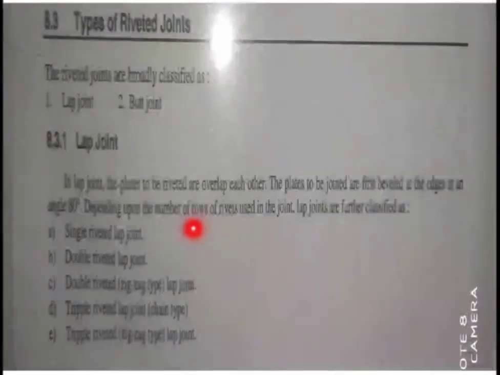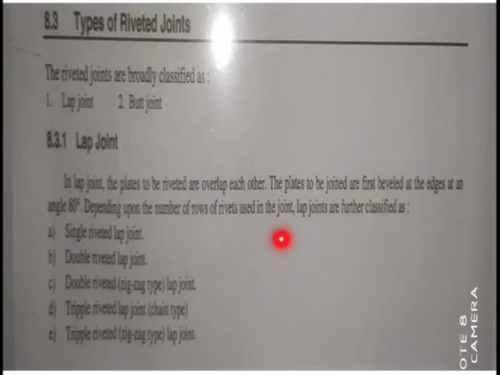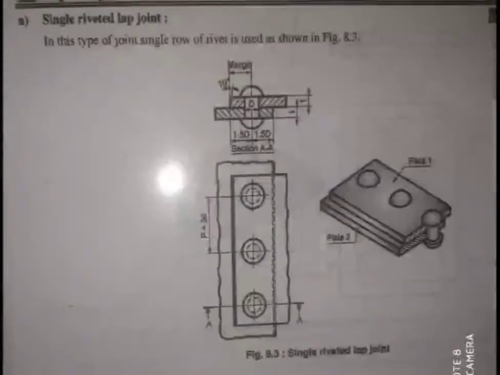Remember the keywords beveled and rows. Lap joints are further classified into single riveted lap joint, double riveted lap joint, double riveted zigzag lap joint, triple riveted lap joint chain type, and triple riveted zigzag lap joint.